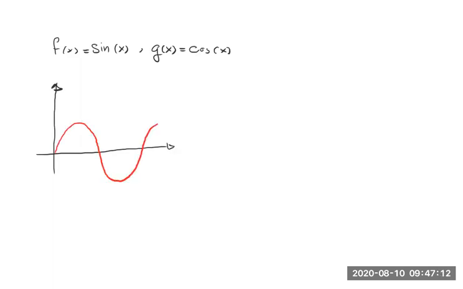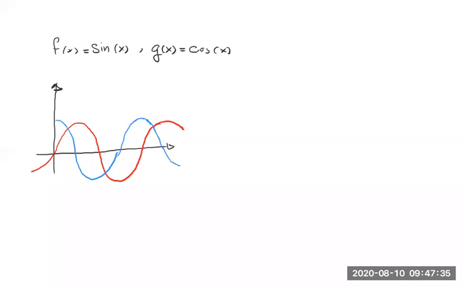Sine is like this, and it would continue from both directions. Cosine is like this.